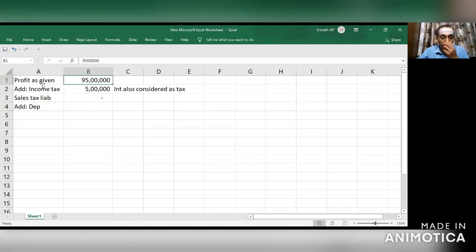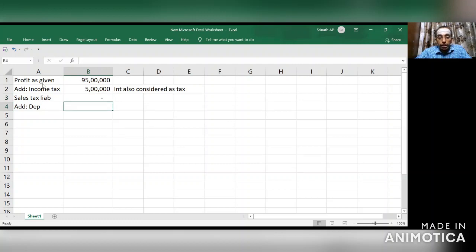So we have got profit as given, 95 lakhs, and income tax 5 lakhs. Interest is also considered as tax. Then sales tax liability, you will not have any kind of adjustment.